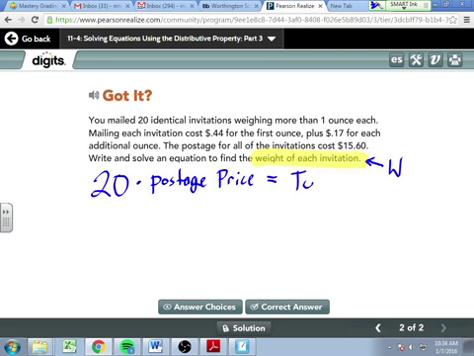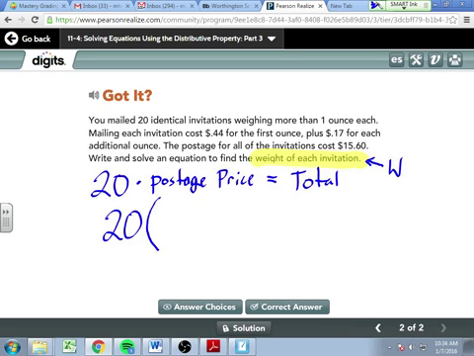Equals my total. Zach? I think it would be 20 and then W plus 0.17 in parentheses. W plus 0.17. So we know that they're all more than an ounce.